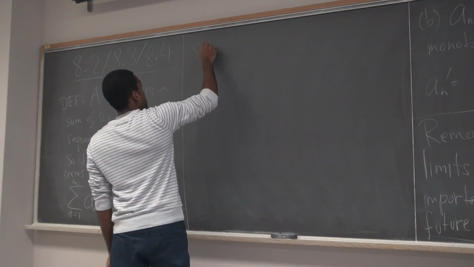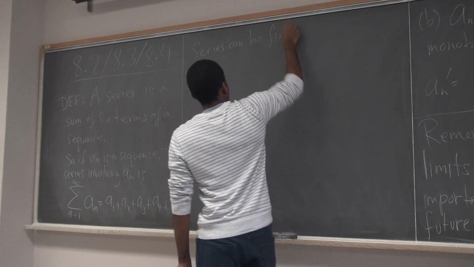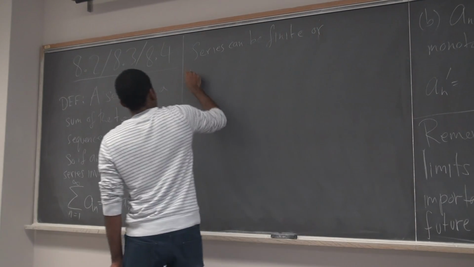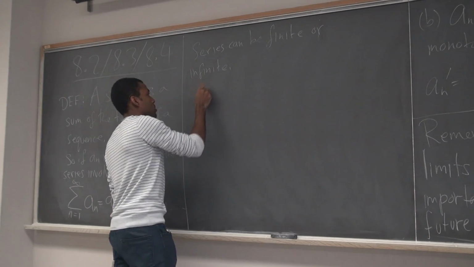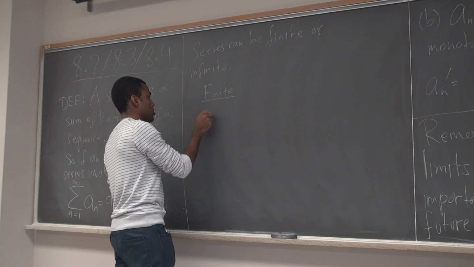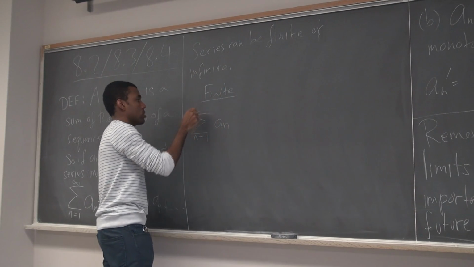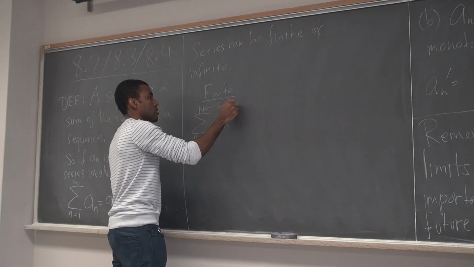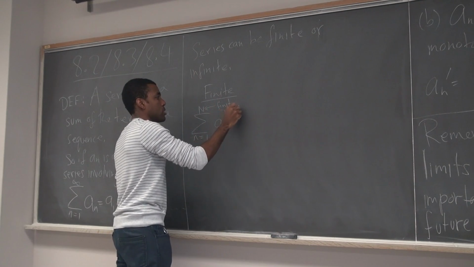Remember, series can be finite or infinite. A finite series is just one that adds up a finite number of terms, so from n equals 1 to some finite positive integer.